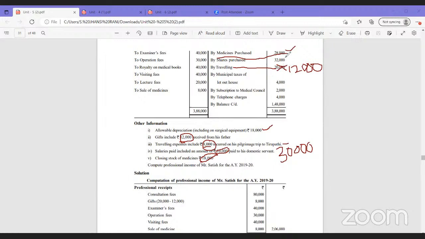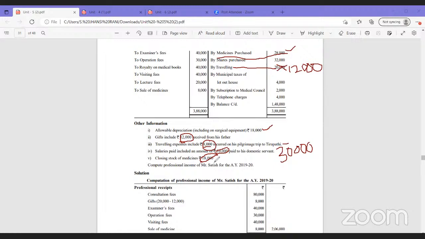We are claiming payment of 28,000 for purchased medicines, but was the total 28,000 sold? No, 18,000 value is left over. So how much have we spent? 10,000 only. That is our cost of medicines, not the 28,000.